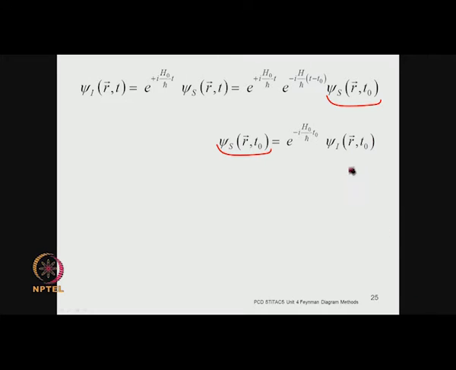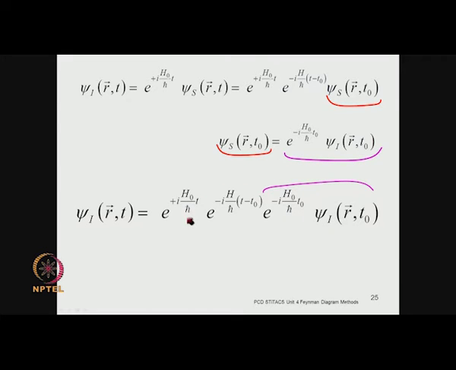This is the Schrodinger picture wave function which is related to the interaction picture wave function. So, you can write this result for the interaction picture in terms of the interaction picture wave functions. Now this term is equivalently written by this term, and now you have this left hand side psi_I(r, t) coming over here, and on the right hand side you have got this term which comes here, you have got the middle term which has got the full Hamiltonian with the t minus t0, and then the last term is given over here.